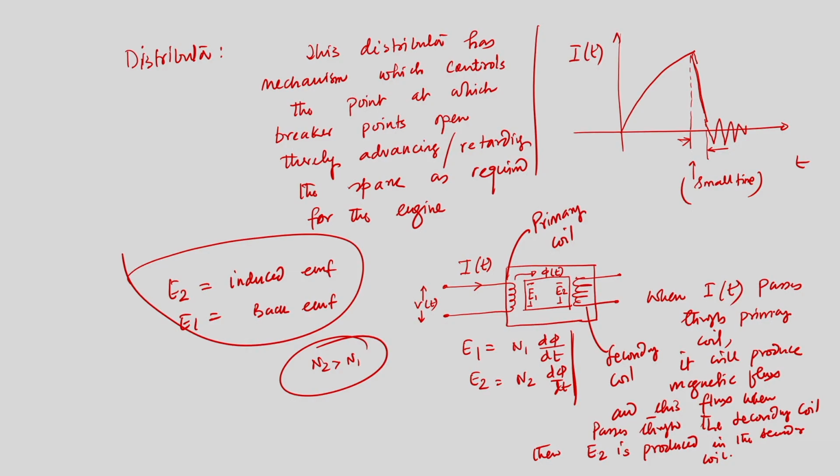After a certain time, when the condenser charging is complete, there will be backflow of the current through the primary coil, and that is why the oscillations appear in the current versus time diagram we have indicated.